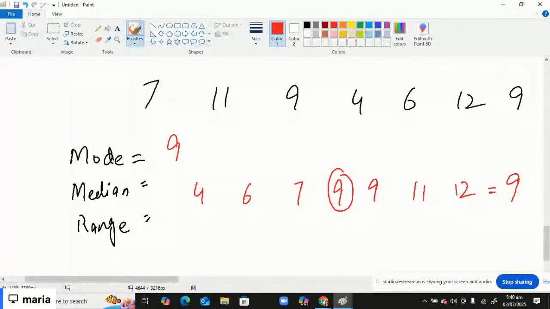For range, what is the maximum number and what is the minimum number? Maximum number is 12, minus 6, and that should be 6. So this is mode, that is median, and here is the range. These are all the things.